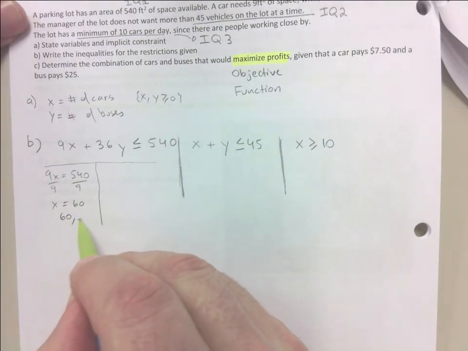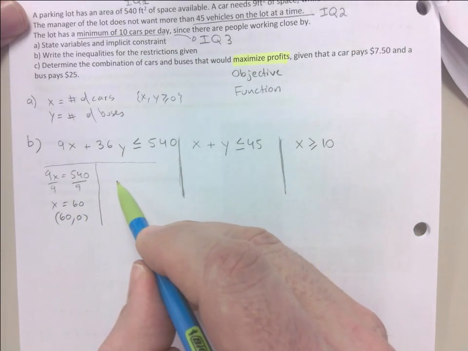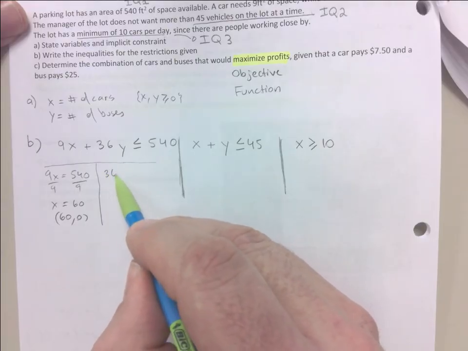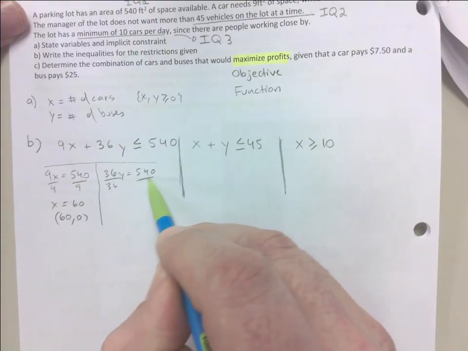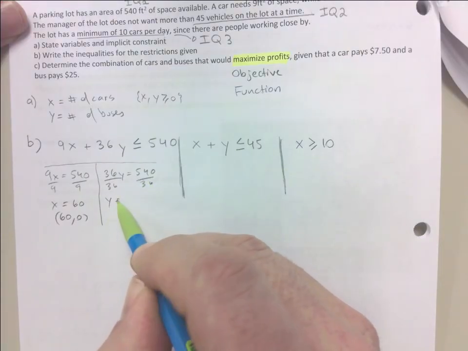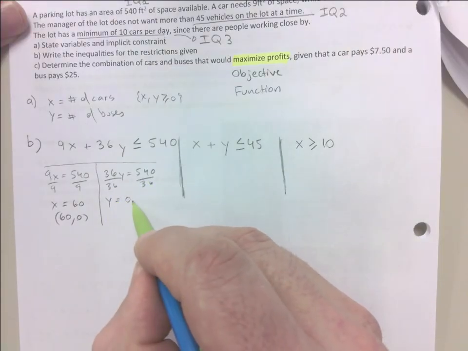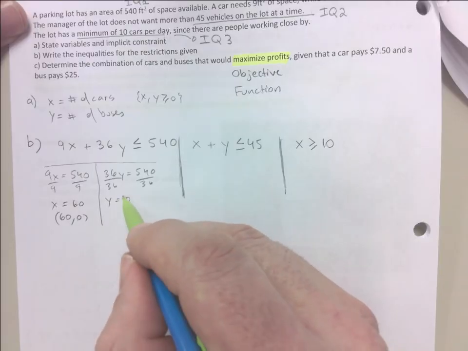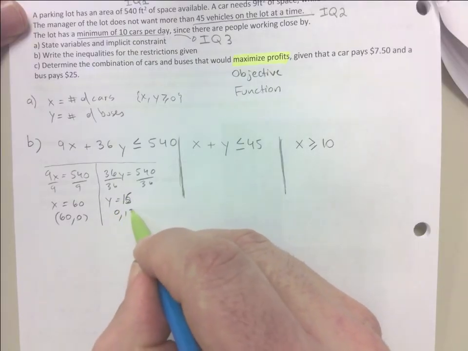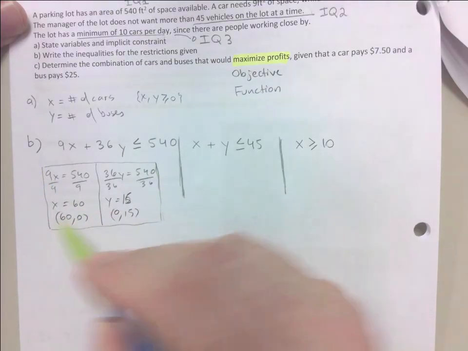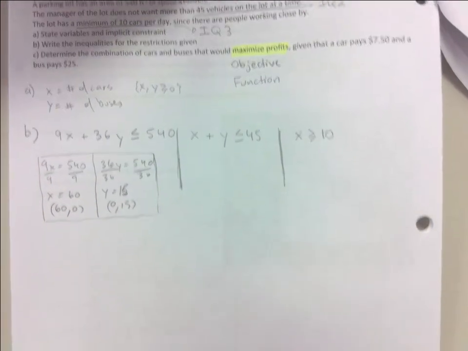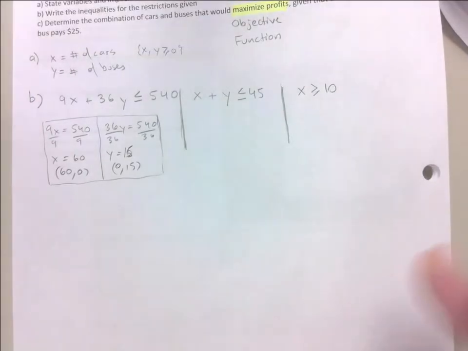So 60, 0. 36Y is equal to 540. This shouldn't take you too long anymore. Oh, sorry, 15. 0, 15. Rewrite.